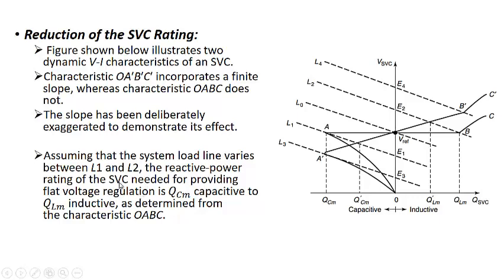The reactive power rating of the SVC needed for providing the flat voltage regulation is QC. Now for L1, you can see that the reactive power needed will be QCM for this case, because L1 voltage has to be made equal to the V reference. So that means the reactive power demanded by the system will be QCM.